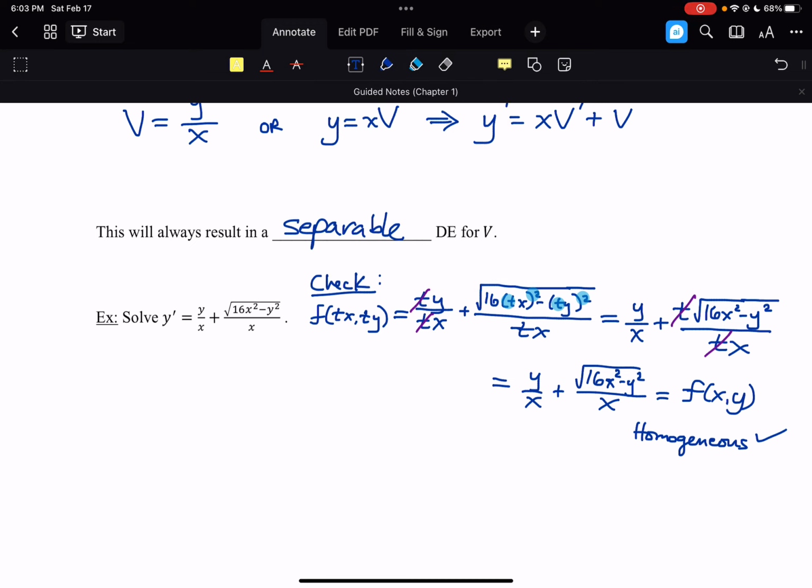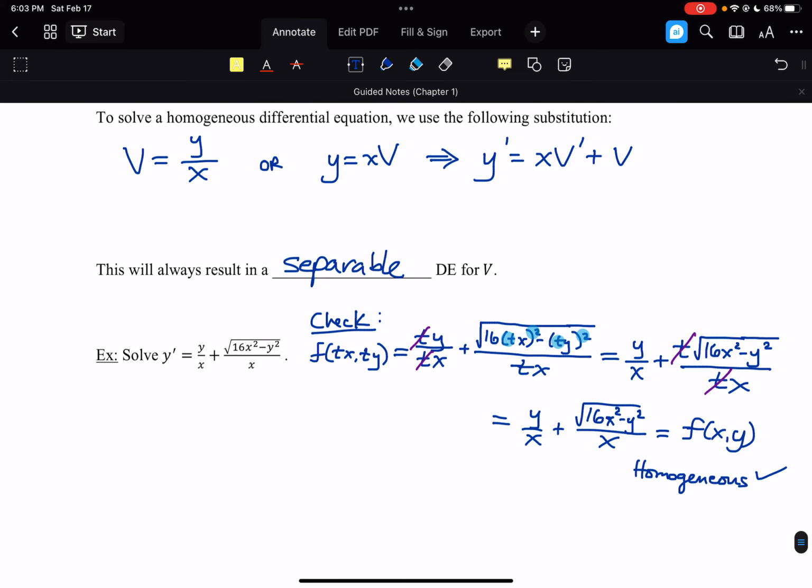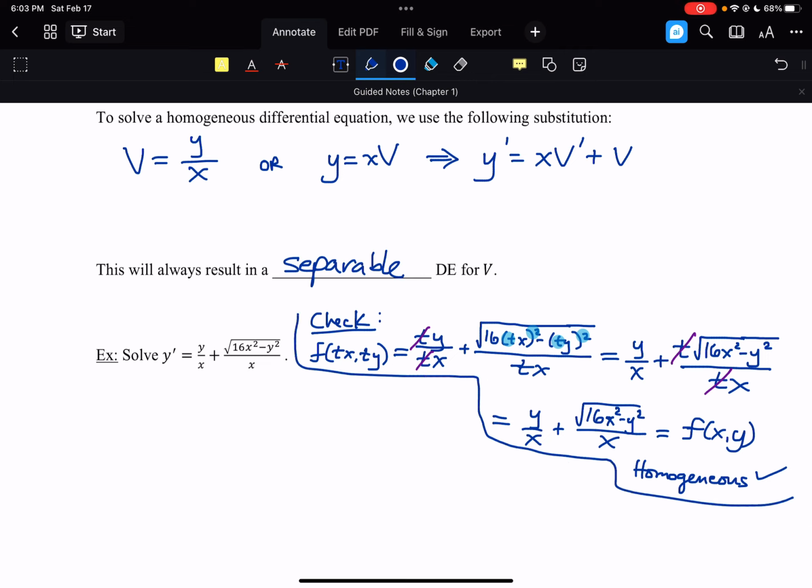So we can use this substitution. We can apply this technique. So let me keep this off separated over here. So we're going to substitute. So y prime becomes xv prime plus v.